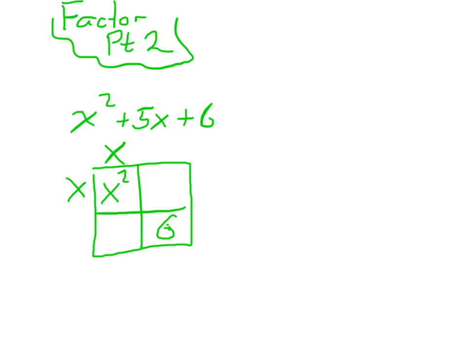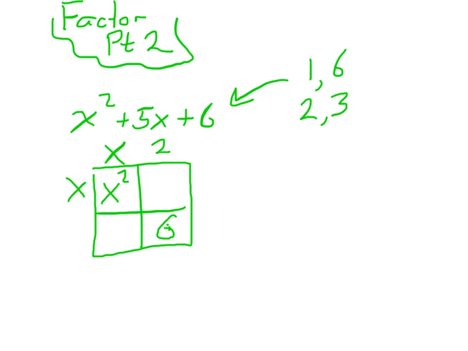So what are your combinations to get your 6? We could do a 1 and a 6, or we could do a 2 and a 3. Now, which of those two pairs will add up to give you 5? Oh, the second one, 2 and a 3. So that's actually your answer right there.